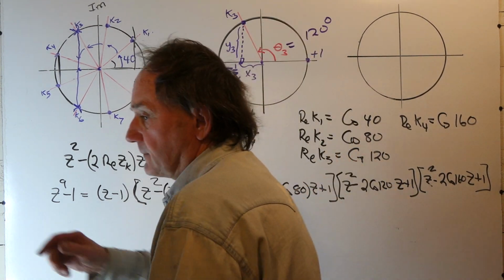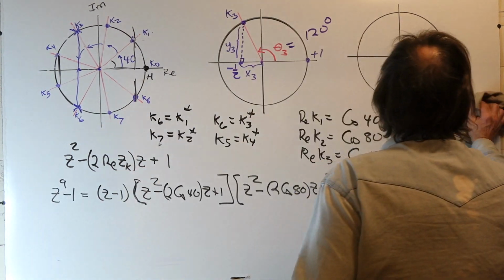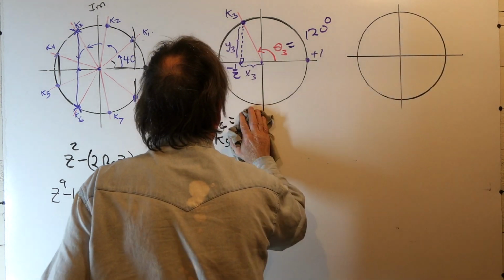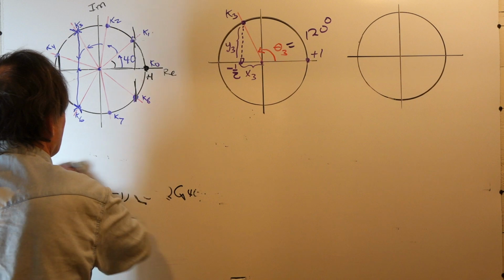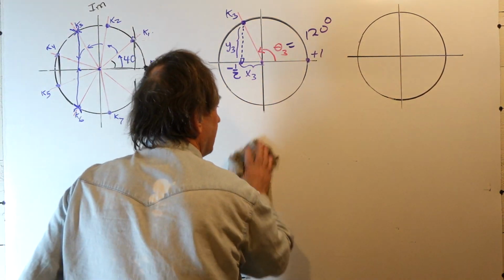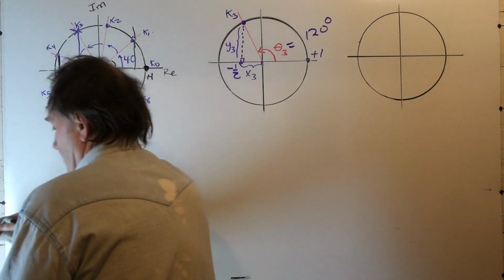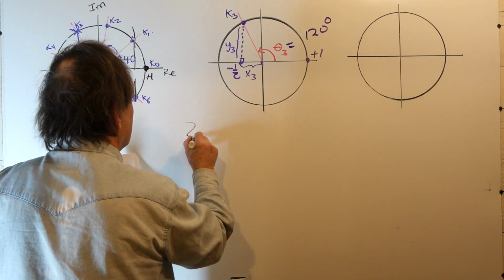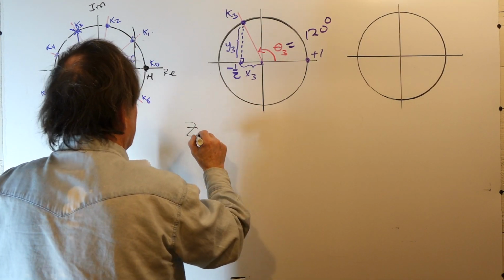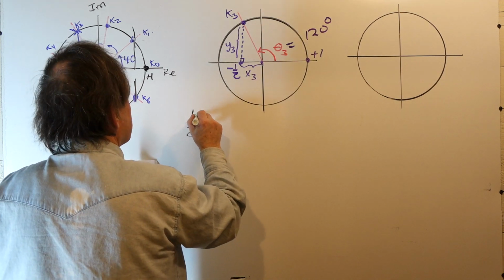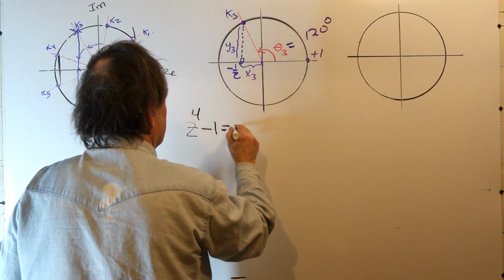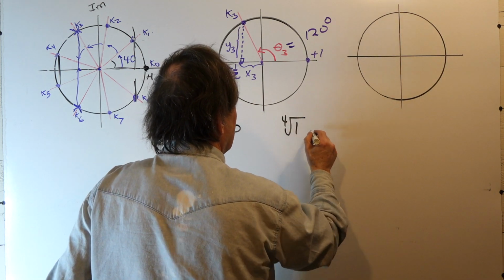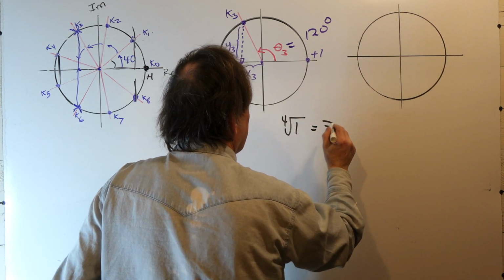Let's try another one. Let's do a fourth order. Find the four roots of unity. So what we're going to do is find the four roots of unity, which can be written this way. Remember that the fourth root of unity is equal to z.